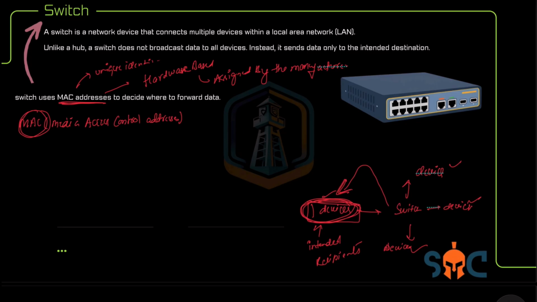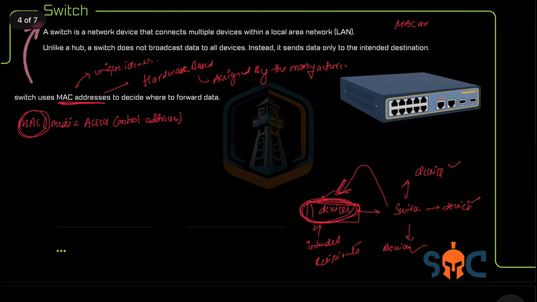Moving on to how a switch actually works. When a device sends data to a switch, the switch reads the source and the destination MAC addresses, which are stored in a MAC address table, and it forwards data only to the correct port. So this particular switch is going to read the source and destination MAC address.